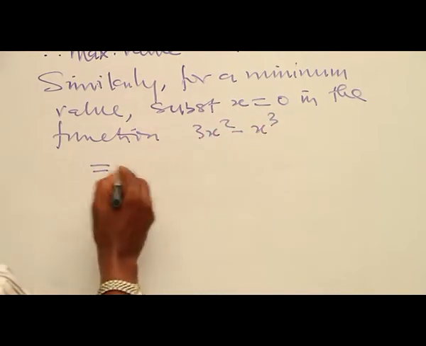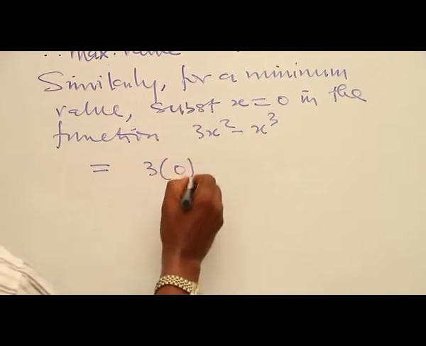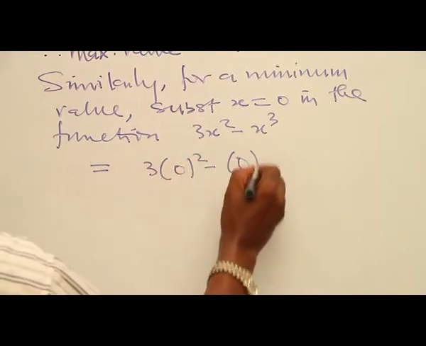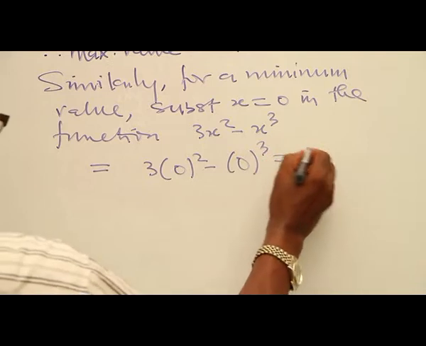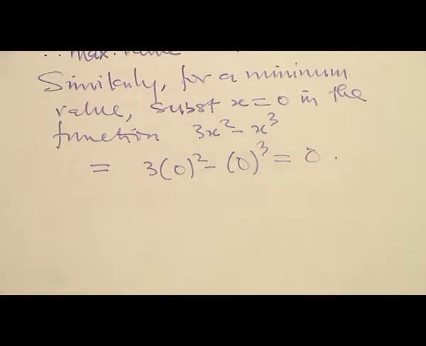And that will be equal to 3 into 0 squared minus 0 cubed, and of course everything here is equal to 0. That becomes the minimum value. So the minimum point is s equal to 0, and the minimum value is equal to 0.